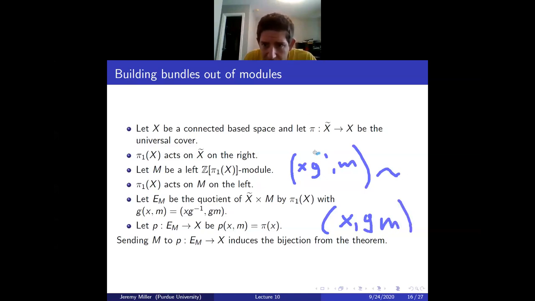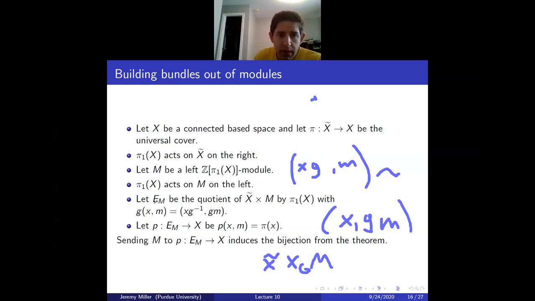Not 100% sure about this inverse. Maybe I don't want this inverse. This sort of equivalence relation is often written as a cross over G of M, and you could probably say it's some pullback or fiber product or something.